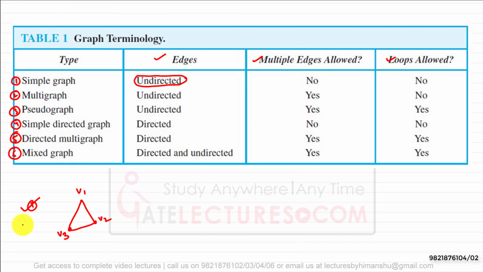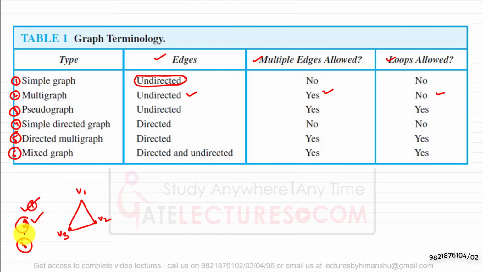Now, is this a multigraph? Yes, it is also a multigraph. Why? Because it is undirected. Even though we do not have any multiple edges, multiple edges are still allowed, and we do not have any loops. So this graph represents a simple graph as well as a multigraph. The third one is the pseudograph.